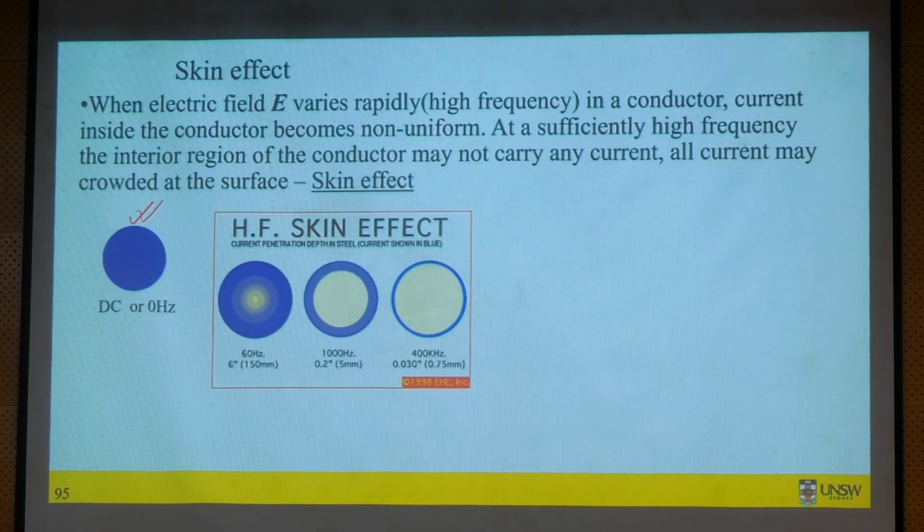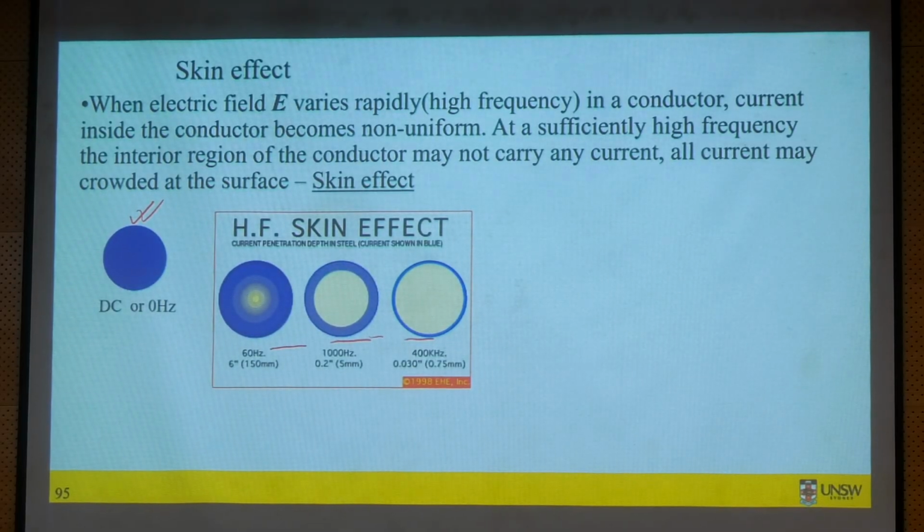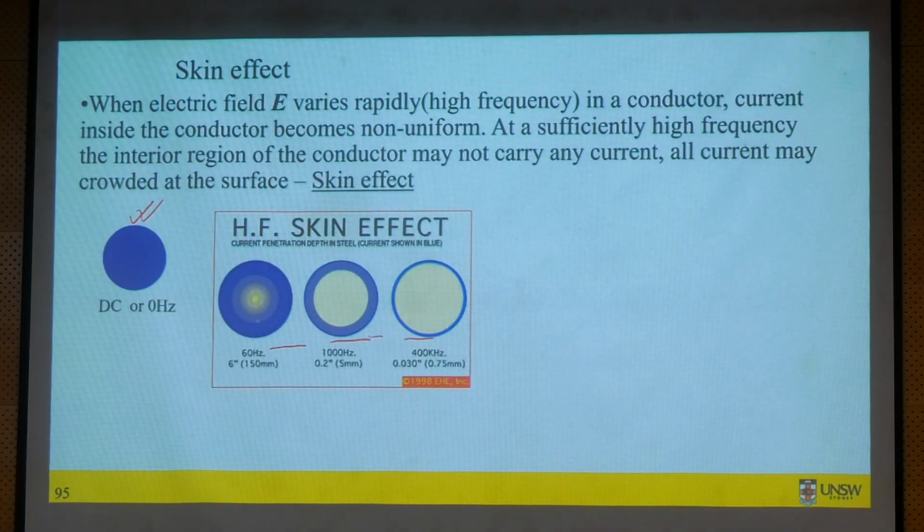But as the frequency of your current increases, the current tends to concentrate at the outer side of your conductor, right? So the distribution of the current in the conductor becomes non-uniform.